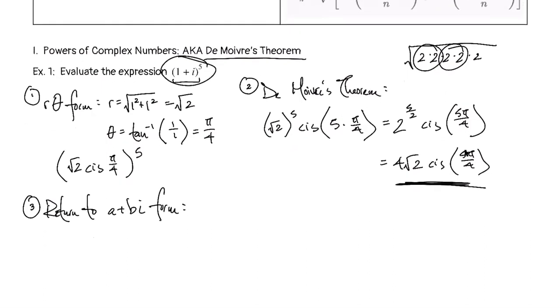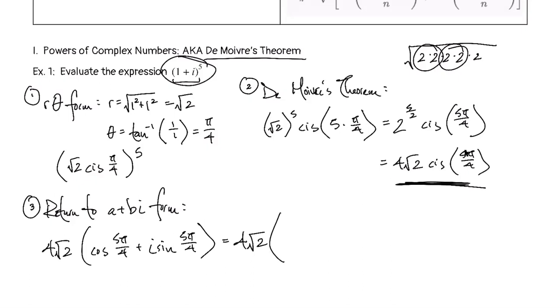Well, we're just going to expand. So 4 root 2 cosine of 5 pi over 4 plus i sine 5 pi over 4. And I'm going to replace those cosines and sines with values from my unit circle.